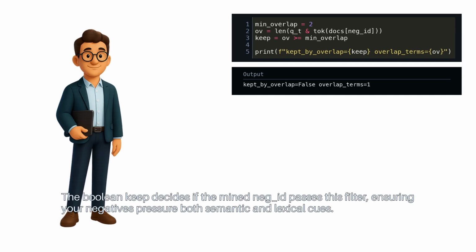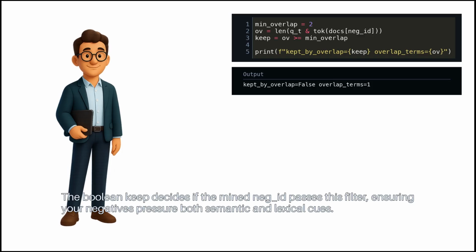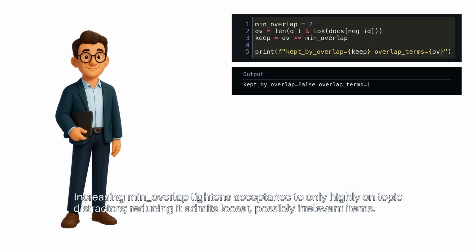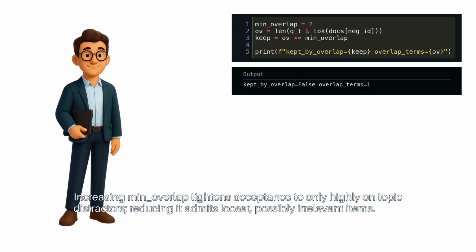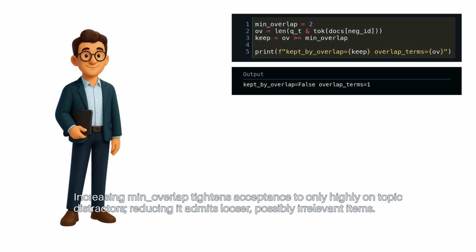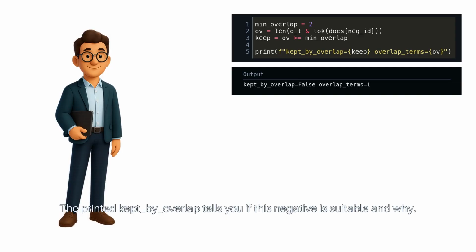The Boolean keep decides if the mined neg ID passes this filter, ensuring your negatives pressure both semantic and lexical cues. Increasing min overlap tightens acceptance to only highly on-topic distractors. Reducing it admits looser, possibly irrelevant items. The printed kept by overlap tells you if this negative is suitable and why.